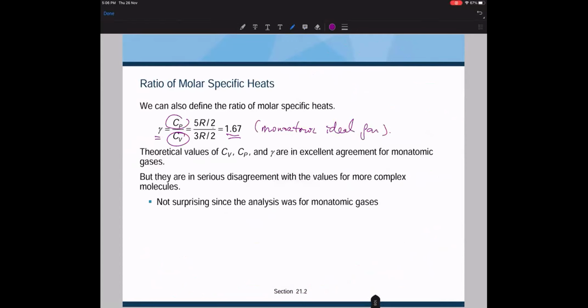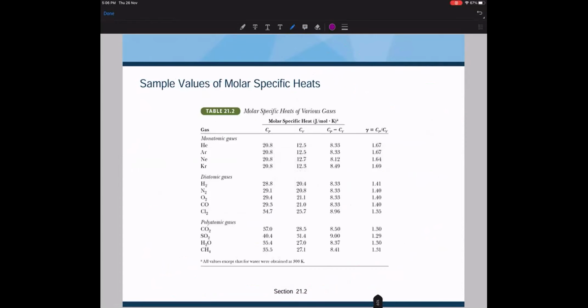So for the monoatomic gas, those are the values of Cp and Cv. For other gases, this might not be true. As you will see, for monoatomic gas, if you turn it into values, Cp is 20.8, Cv around 12.5, so quite constant. But for diatomic gas, where you have two atoms in the same molecule, Cp and Cv change.